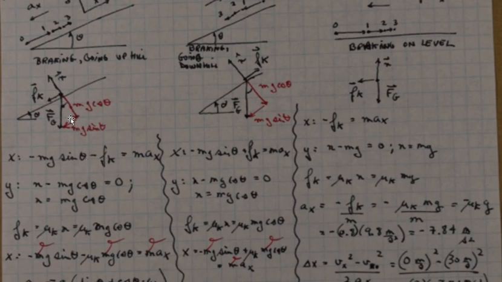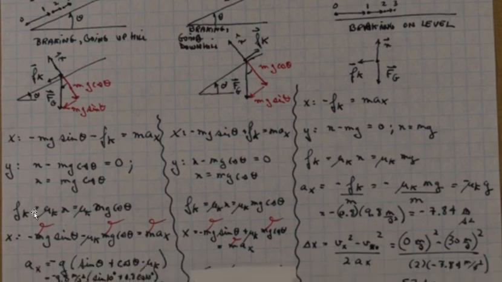They're both pointing in the same direction and anti-parallel to the positive direction for x, is equal to m a sub x. And for the y direction, I'm going to conclude that n is equal to mg cosine theta. So now I can put a story together for f sub k. F sub k is mu sub k times n, which is mu sub k times mg cosine theta.